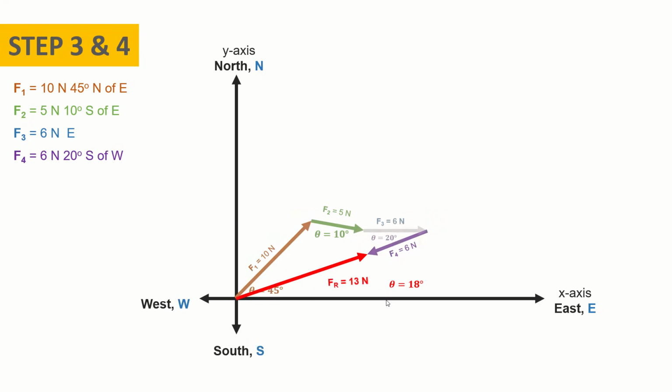So now, we know that our resultant force vector is 13 newtons, 18 degrees, and the direction is north of east line. So, north of east.